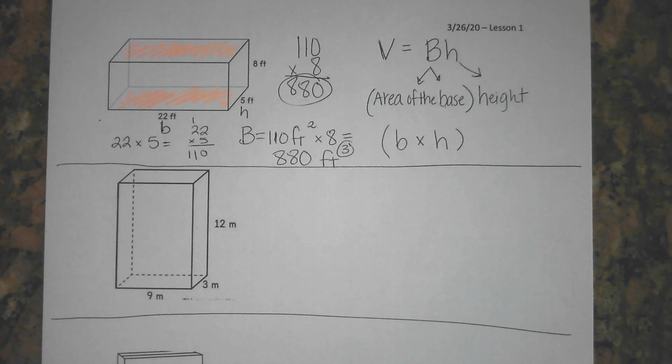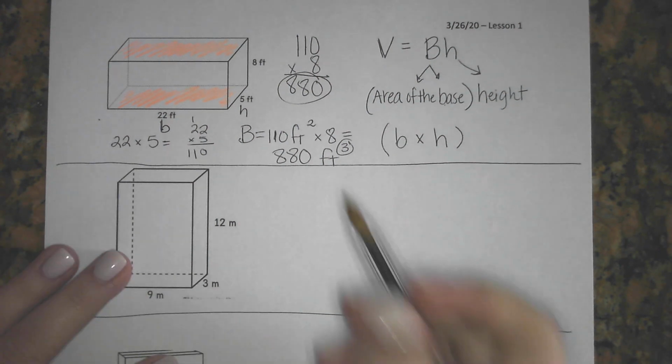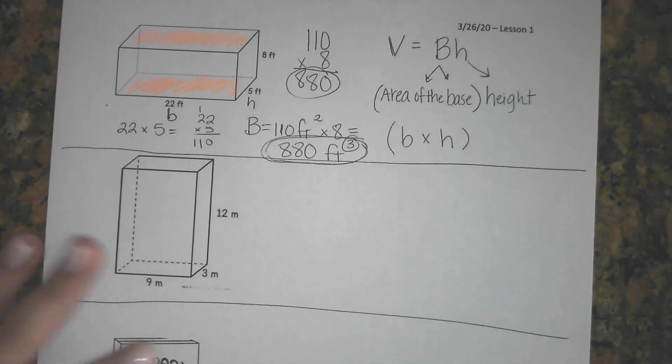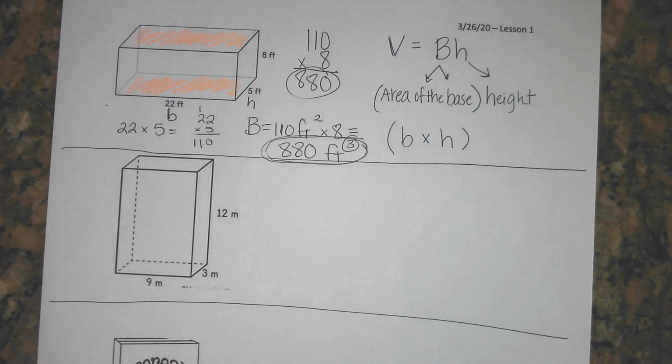The reason that it's a little 3 is because we're talking about volume. It's a third dimension. So that 3-dimensional volume is 880 feet cubed. If I'm going too fast, you can pause the video, rewind, do whatever you need to do to catch up with me. Make sure you get these notes down. I'll be a little bit more organized on the next problem.